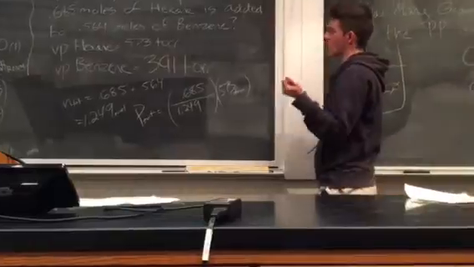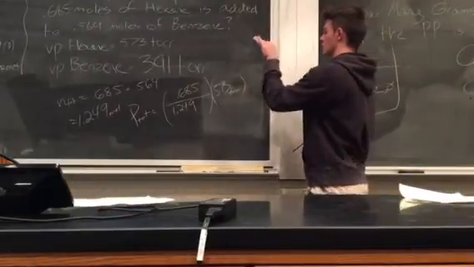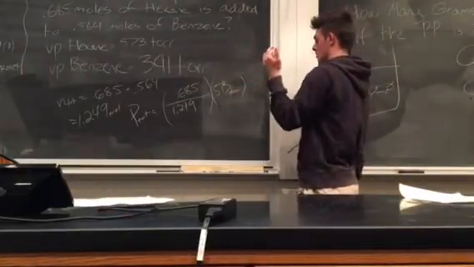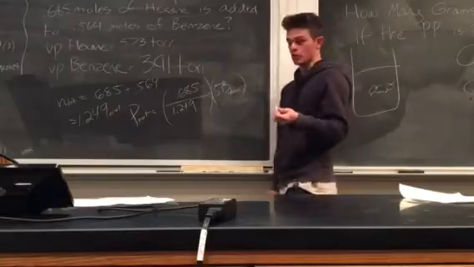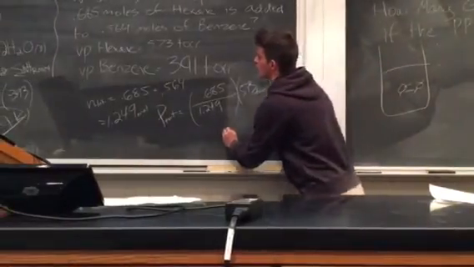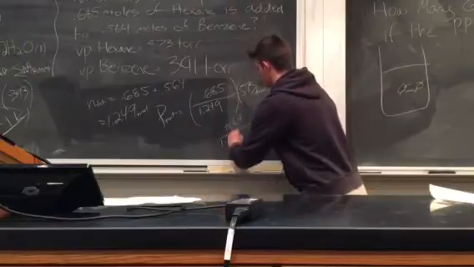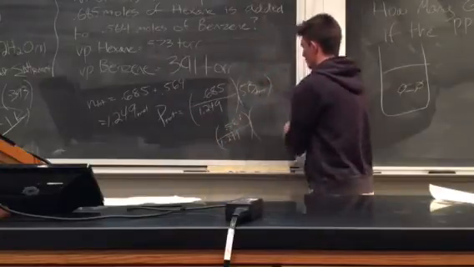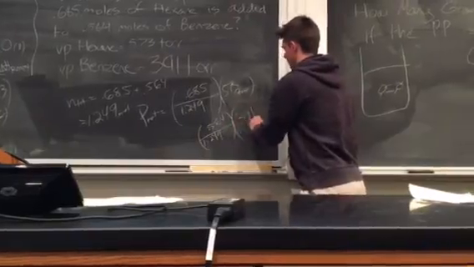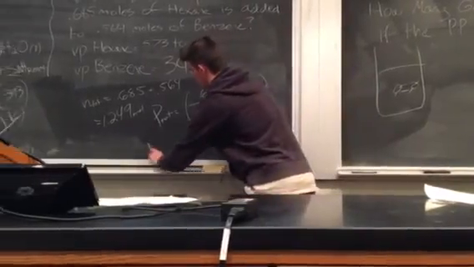Now you're going to add that to the mole fraction of benzene times the normal vapor pressure of benzene. So that would be 0.564 divided by 1.249 multiplied by 391. All right, and what did you guys get for P total?